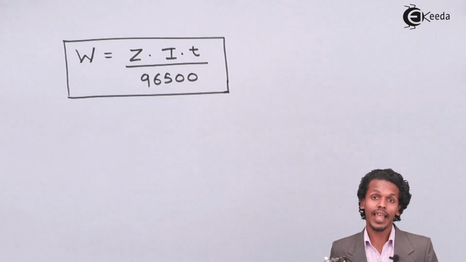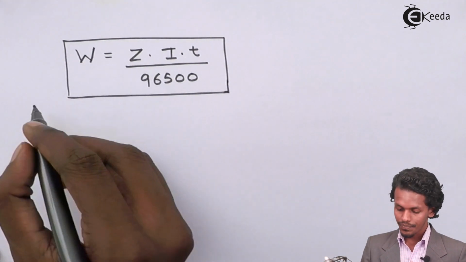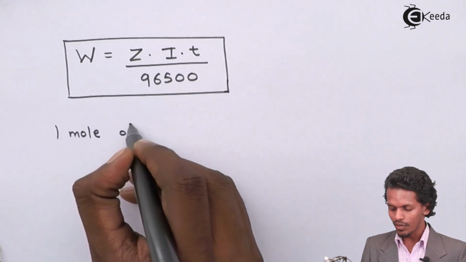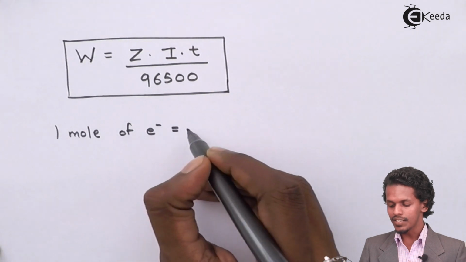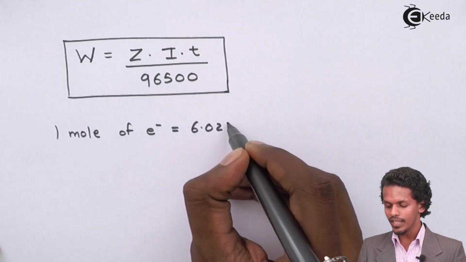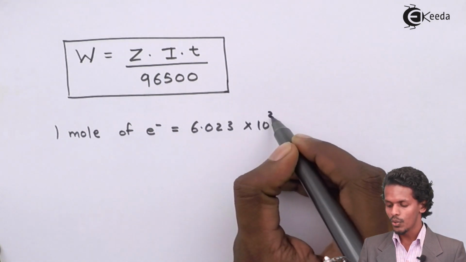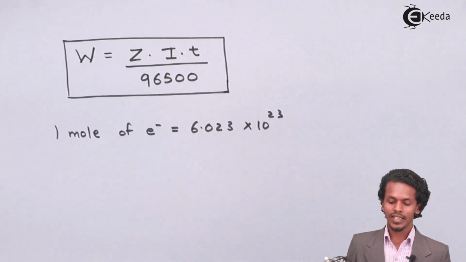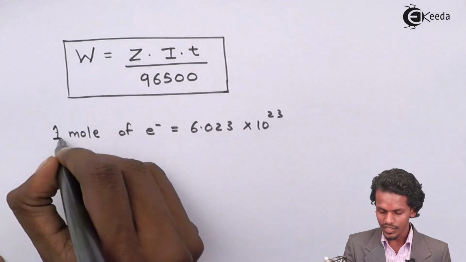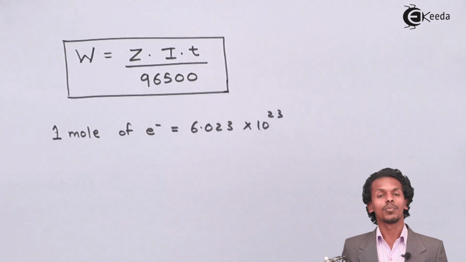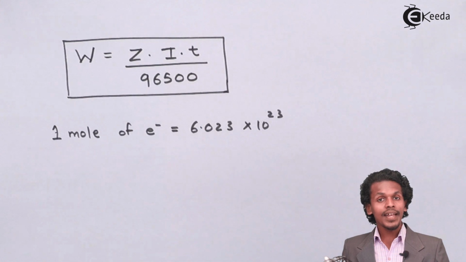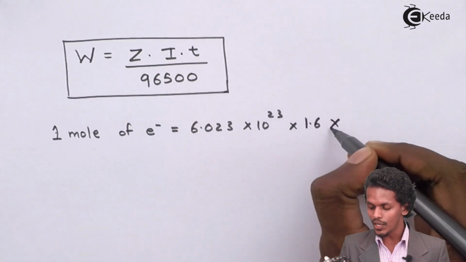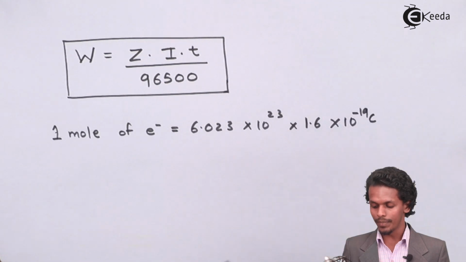And how did it come about? Since you know, 1 mole of electrons consists of 6.023 into 10 raised to 23 electrons, and 1 electron has a charge of 1.6 into 10 raised to minus 19 coulomb.